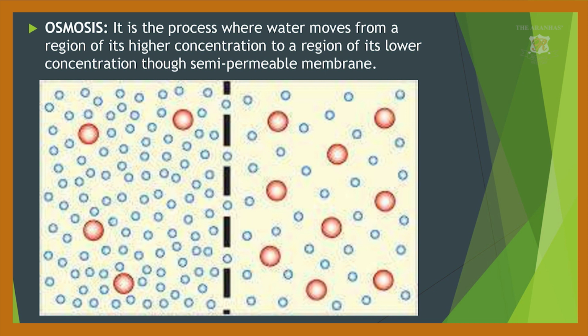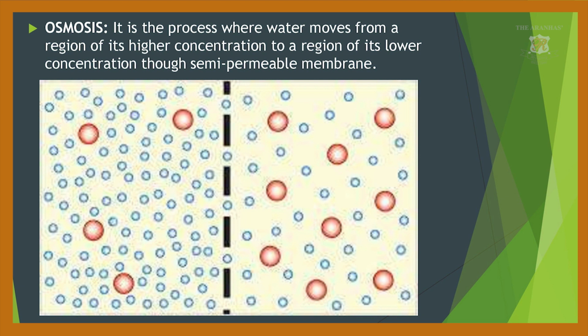The red bubbles present on both sides may be nutrients, maybe some other things. Nutrients means manganese, iron, calcium and many more things that are called nutrients.